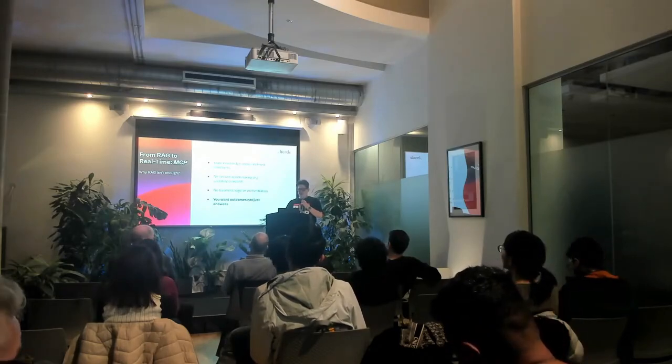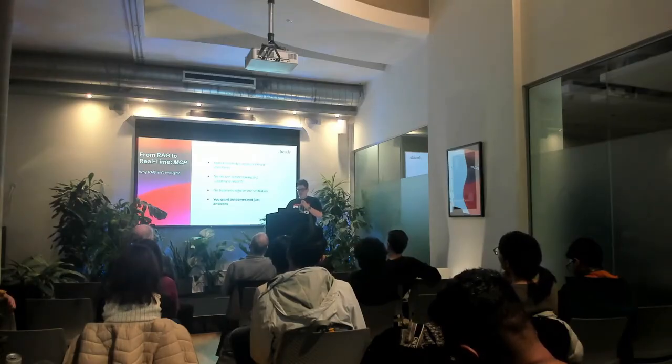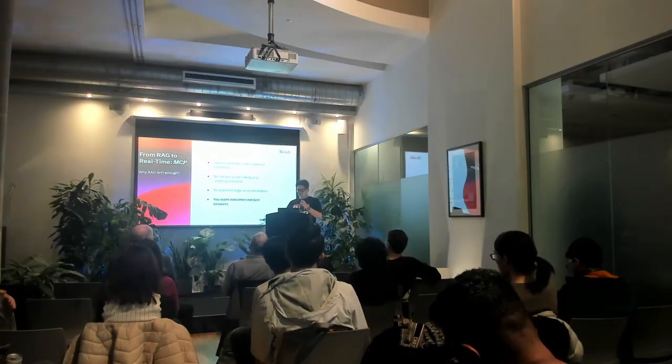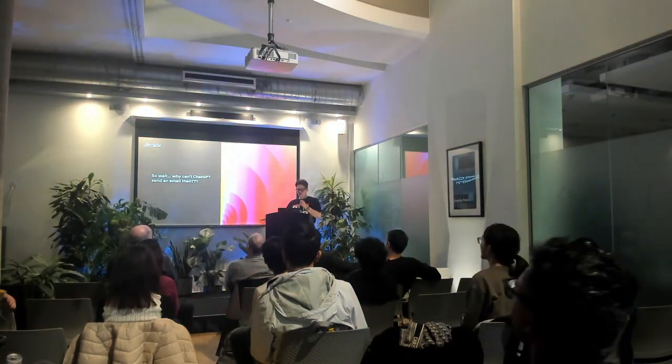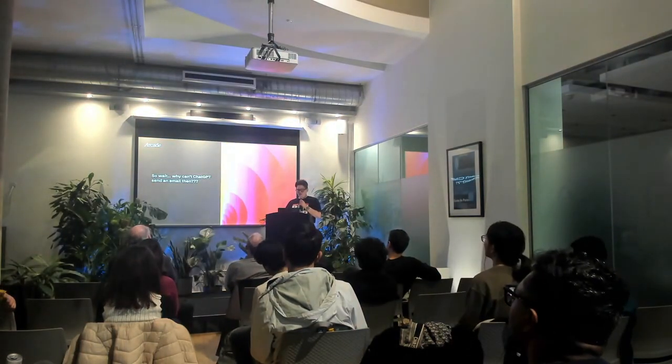You're still not allowed to take action to update records or things in the database. And there's no business logic or orchestration involved. So if you want more than just answers from the crystal ball, you're going to need tools that can behave on your behalf.